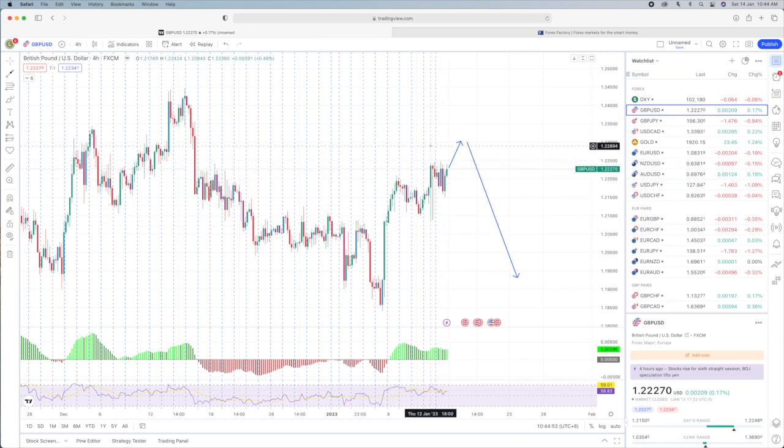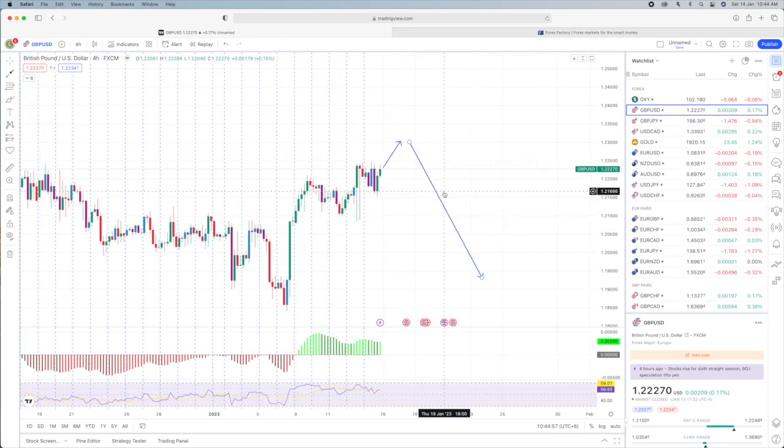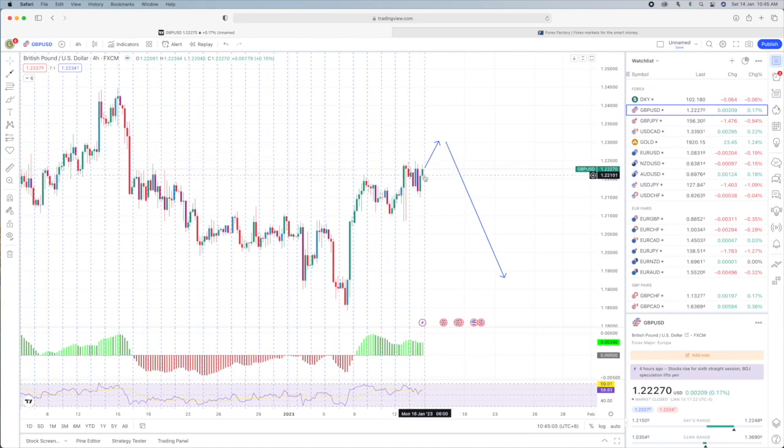So within this 200 pips, the market went up and down, and then rested somewhere here, 1.2220. So I'm expecting it to gain a little bit more momentum to the upside and then fall by the GBP CPI news. So this is my forecast.